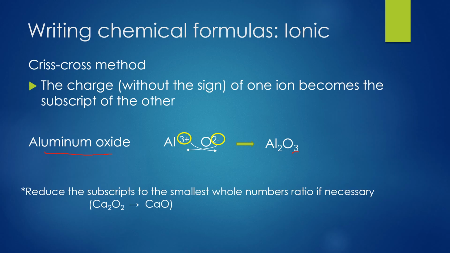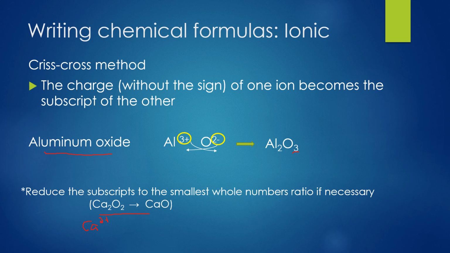The trick with using the crisscross method is that sometimes you will need to simplify it down. So I have an example shown here. If the subscripts can be reduced to smaller whole numbers, do it. So with the case of calcium oxide, if you look at calcium on the periodic table, it is an alkaline earth metal, so it has a 2+ charge.